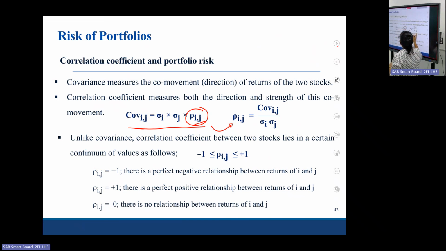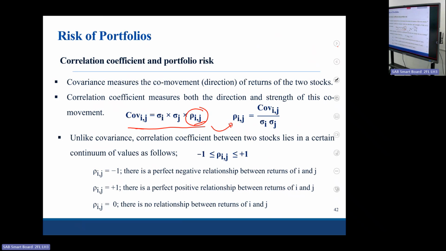But if you know the correlation coefficient, you can identify both direction as well as size of the movement. The correlation coefficient normally lies between -1 and +1.